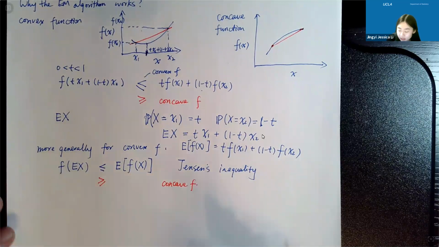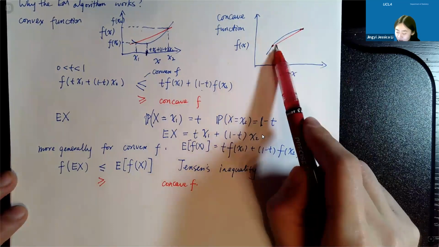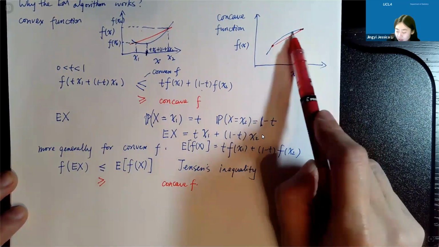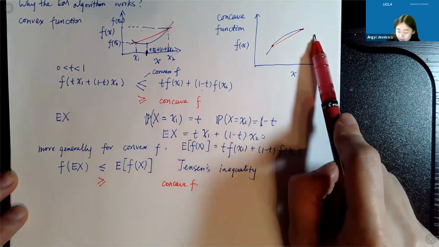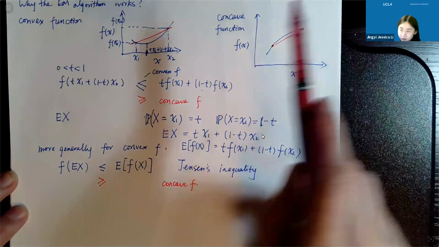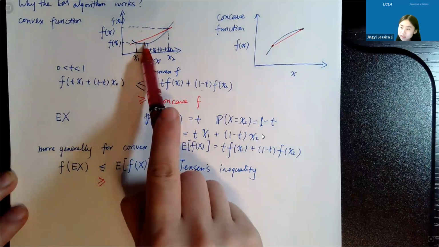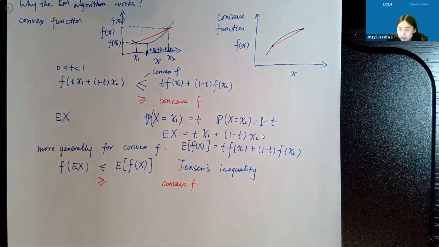And you see, we want to maximize something concave, right? So usually it's a concave function to be maximized, while it's a convex function to be minimized. So the same problem can be stated as a minimization problem or a maximization problem, depending on the sign you put.